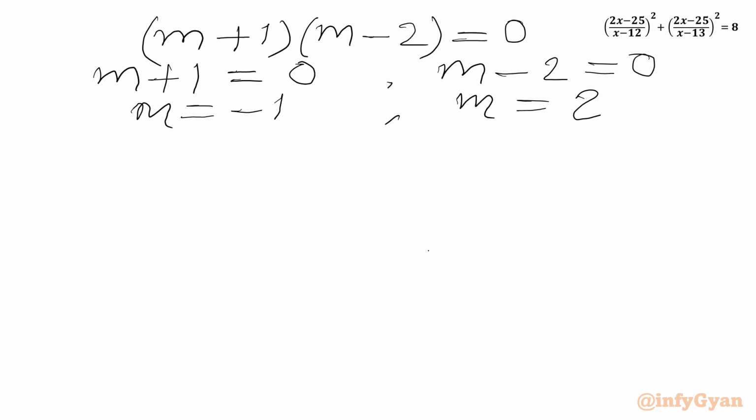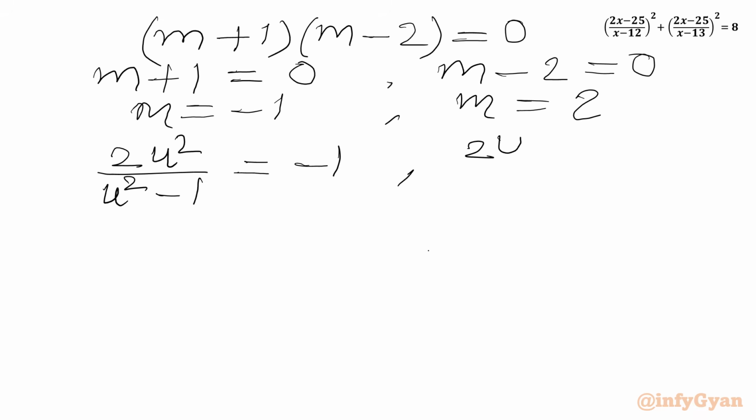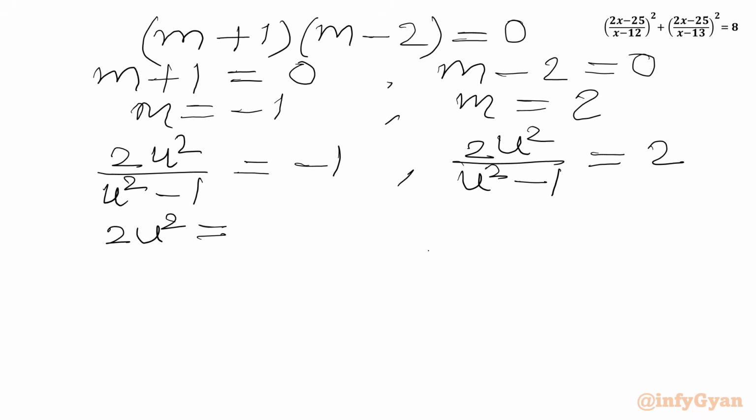Now m is 2u square over u square minus 1. We'll write 2u square over u square minus 1 equal to minus 1, and 2u square over u square minus 1 equal to 2. Let's cross multiply. We will get 2u square equal to minus 1 times u square minus 1, which will be 1 minus u square.